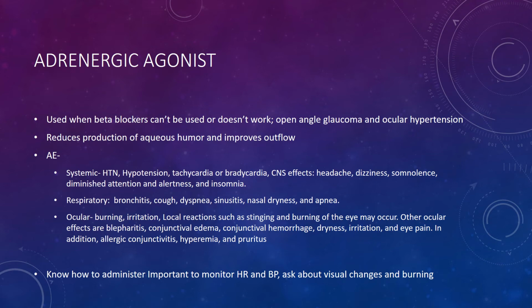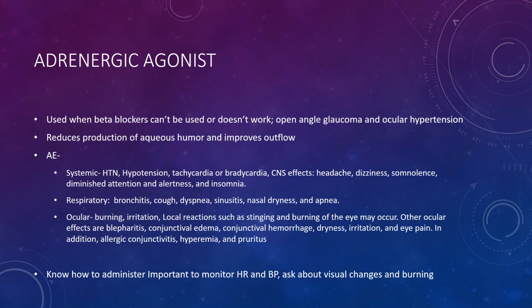Guess what we're going to need to be assessing on the patient before we give this medicine. CNS effects, you can see there: headache, dizziness, somnolence, decreased attention and alertness, and insomnia. Yeah, it can make us drowsy, and then it can make us be wide awake. It's crazy how drugs do. Respiratory, it can affect a lot of parts.